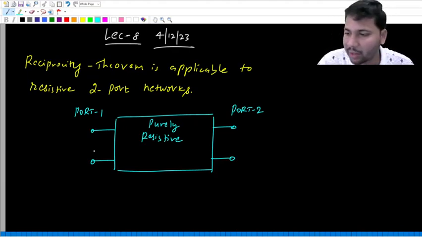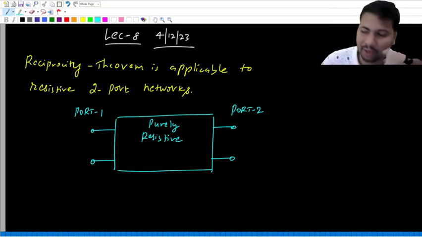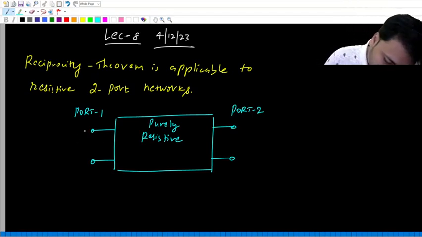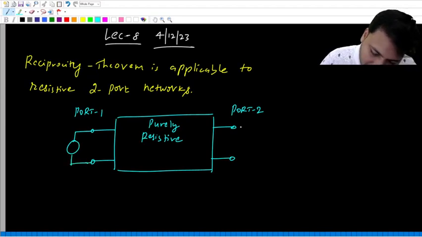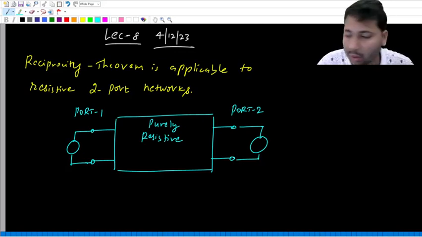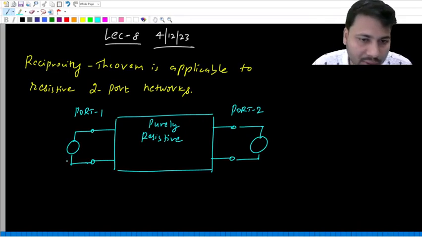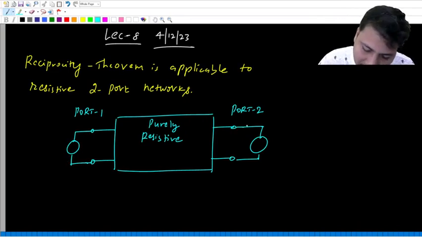So my point is, at each port we are going to connect some independent source. What are the two independent sources that we have? Voltage source and current source. Yes. So at port 1 you can connect some independent source. At port 2 also you have to connect some independent source. Now each independent source can be a voltage source or a current source. Okay.